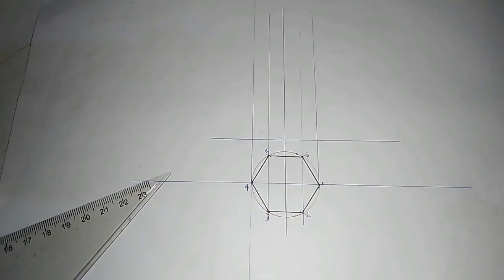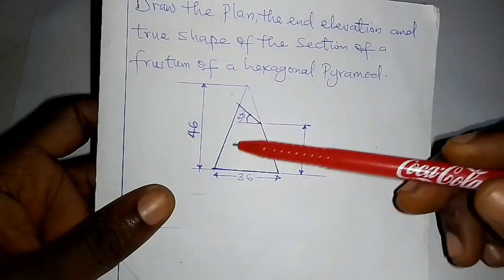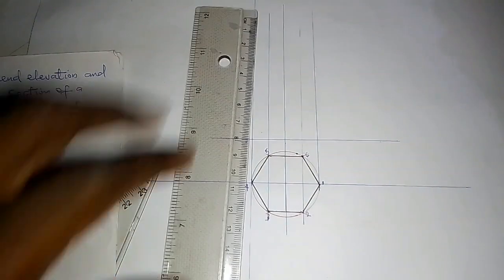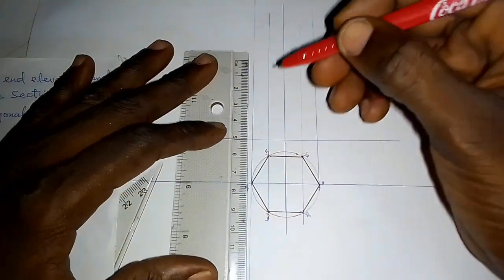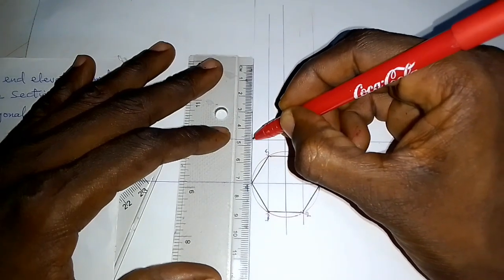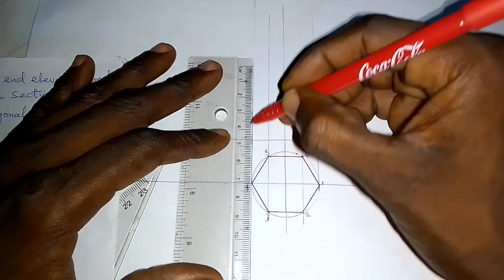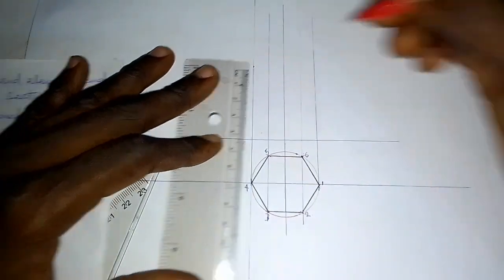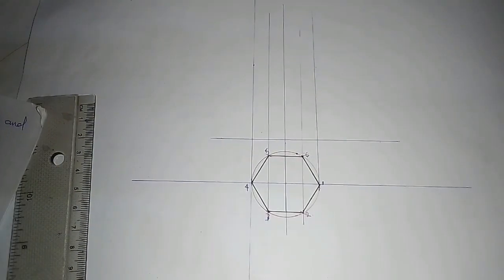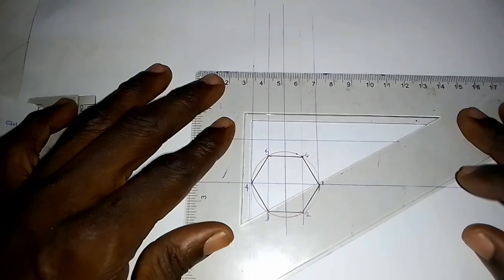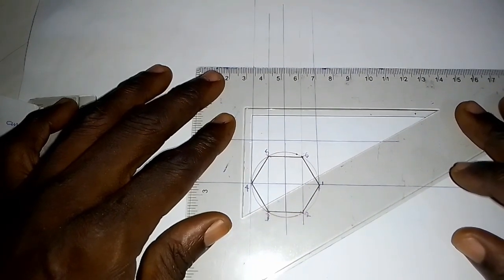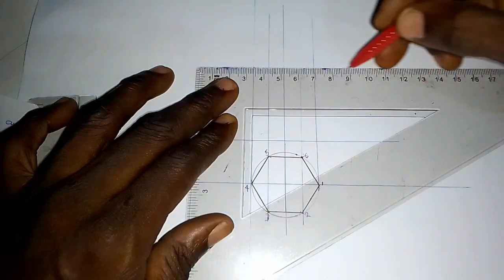We are also given that the height is 46, that is 4.6, so I will measure this 4.6, then draw a thin line at that.